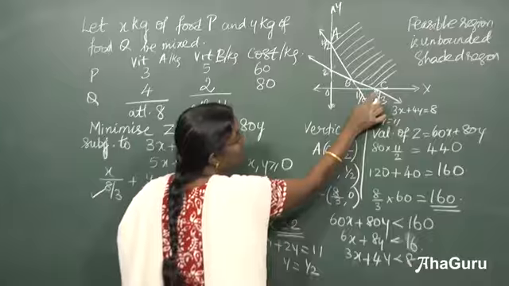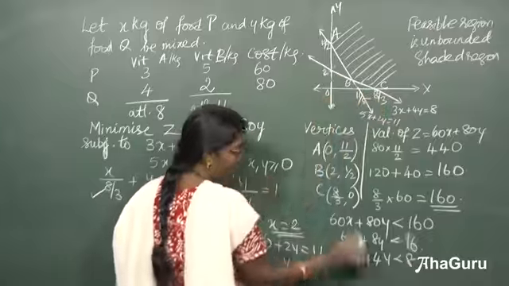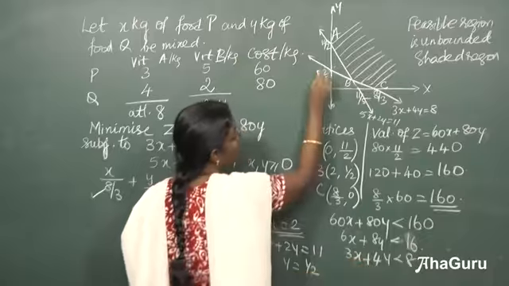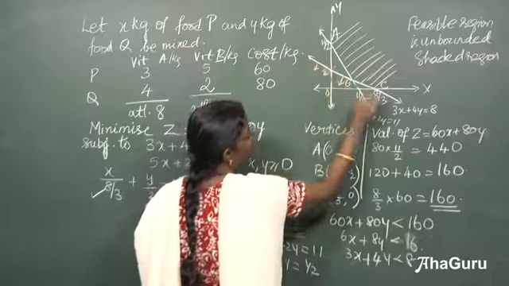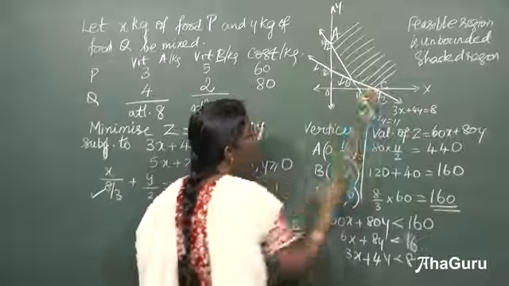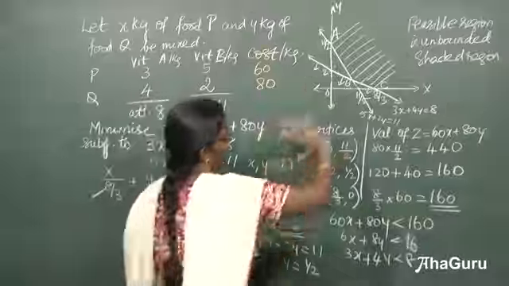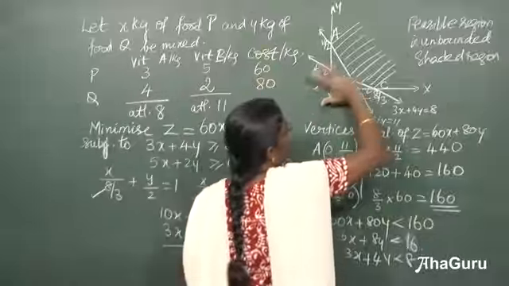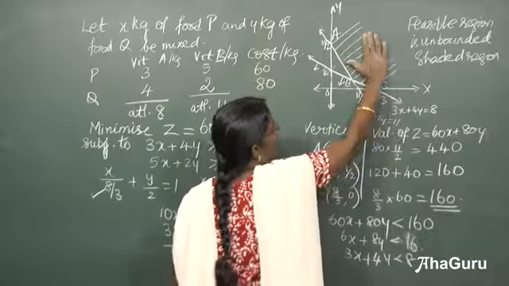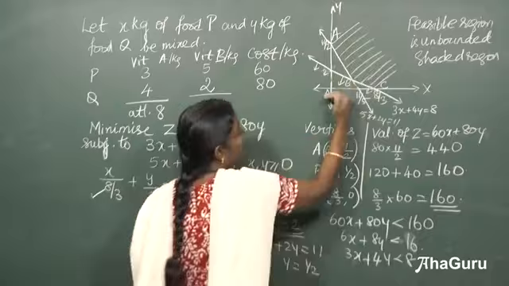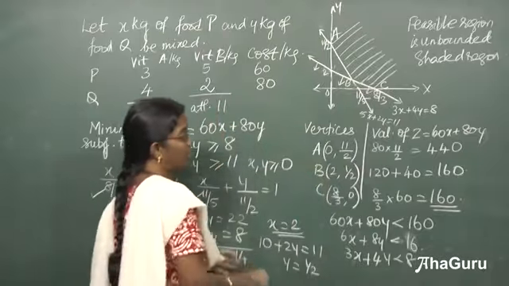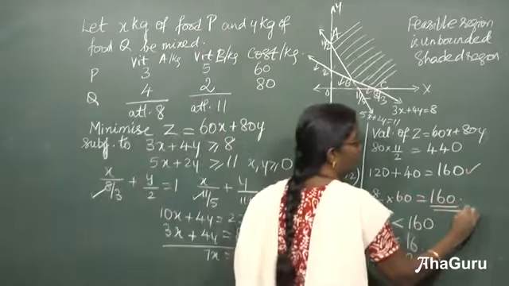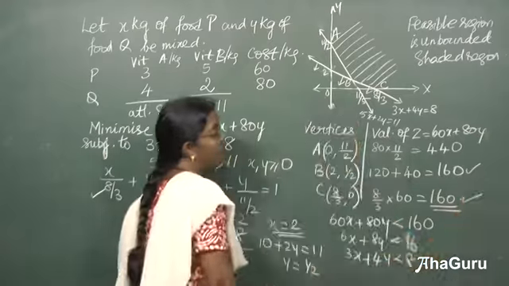For this line, if I consider less than 8, substitute the origin coordinates, it's right. So the half plane here is going to be below this line, which absolutely does not in any way have any overlapping or anything in common with the feasible region. So you see that 160 will be the minimum cost.